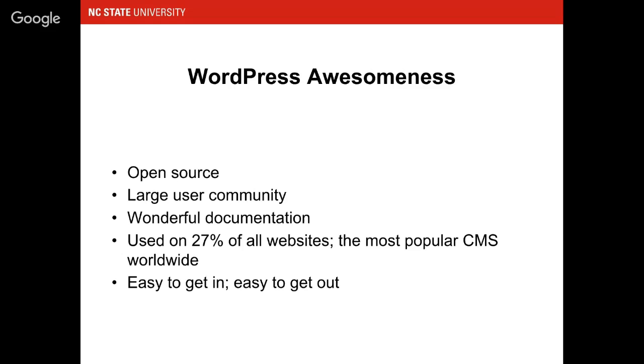And then it's easy to get out of, meaning the way data is stored in WordPress is very standardized, and it has tools built in so that if someday the next big thing comes along, it will be relatively easy for us to get content out of WordPress and into whatever that next big thing is, and you won't have to start over from scratch. So that's a nice thing that hopefully does not happen for a little while, because we've put a lot of effort into the WordPress services at NC State, but it's always something we're thinking about is what will the next big thing be.